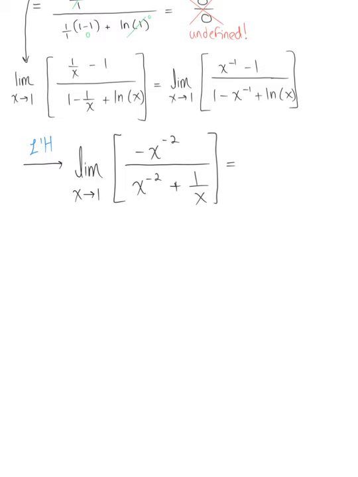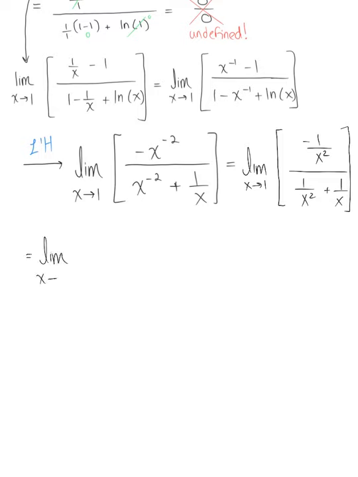So we have the limit as x approaches 1 of negative 1 over x squared in the numerator, all over 1 over x squared plus 1 over x. And to really make this look nicer, we have the limit as x approaches 1.